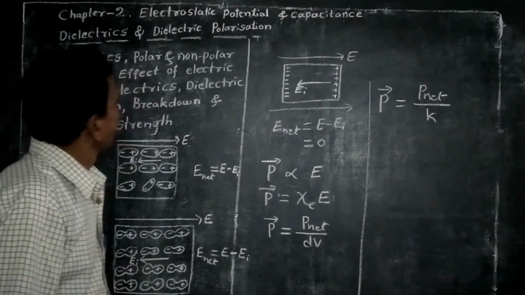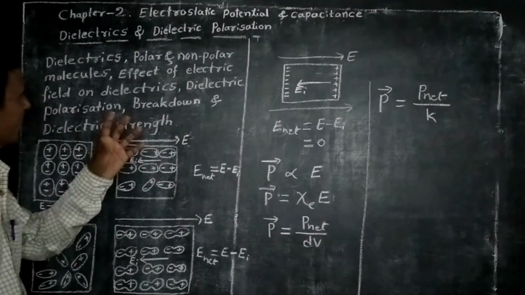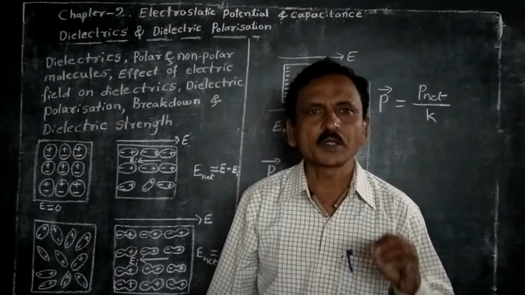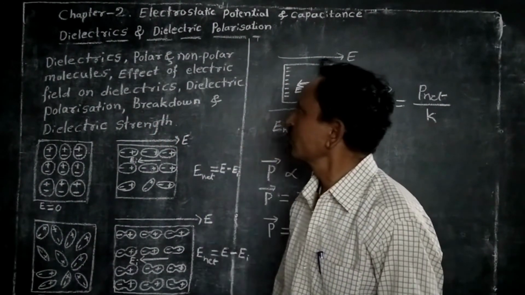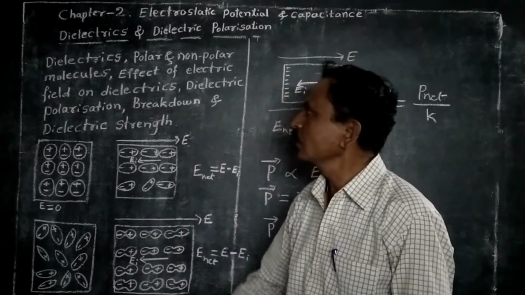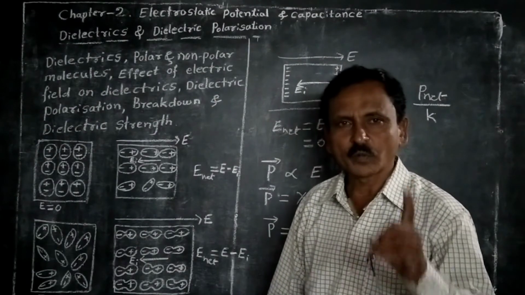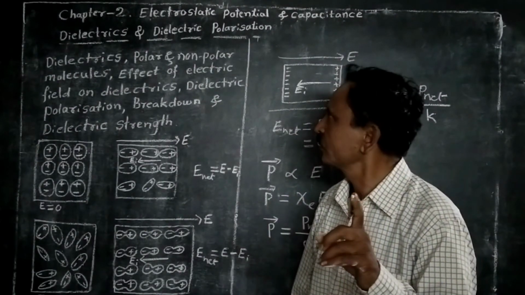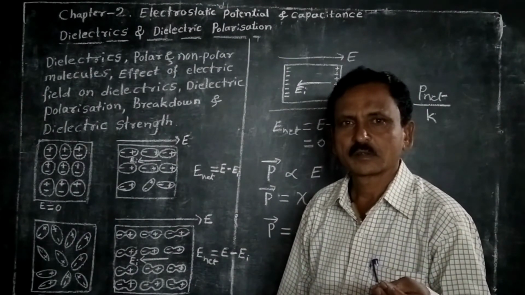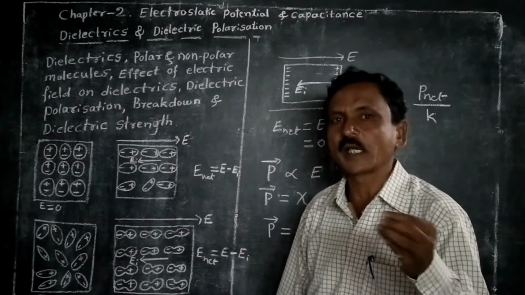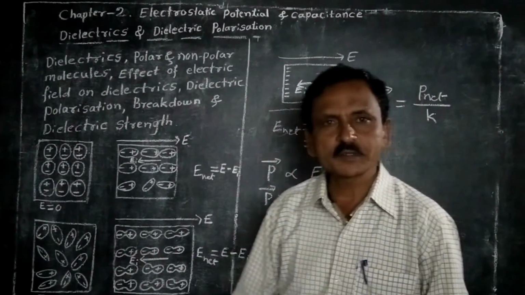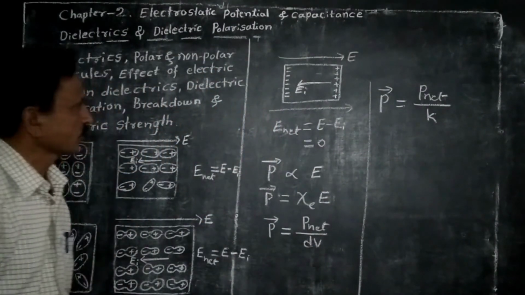Clear? And here the important questions are: what are dielectrics? Give an example for 2 marks, or give the differences between polar and non-polar molecules for 1 mark. What is the effect of electric field on dielectrics? Or what is the effect of dielectrics on an external electric field? What is dielectric polarization?